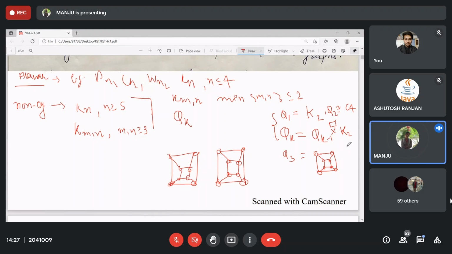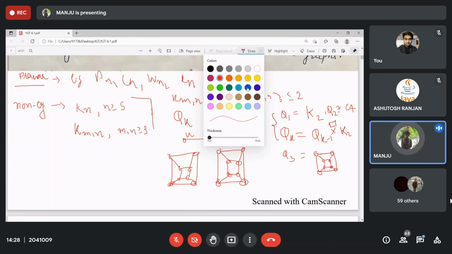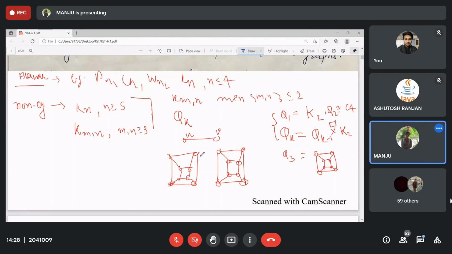Q3 into K2. I have just replaced U and V in K2 with copies of Q3, right? Now corresponding vertices will be adjacent when they are adjacent in the other graph. So this will be adjacent, and this is adjacent to this one. What about this one? This will cross now.